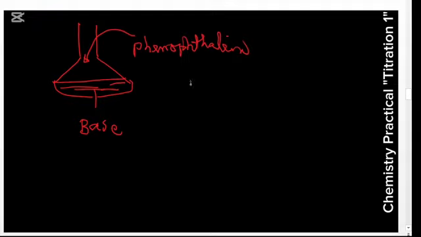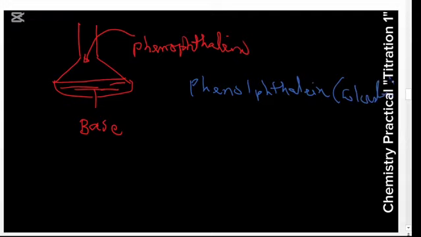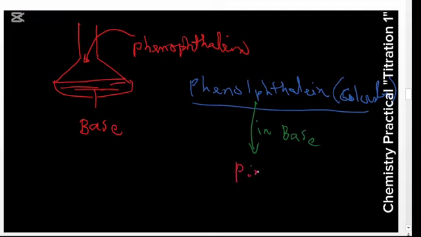Normally phenolphthalein itself is colorless, so it doesn't have any color. So what is going to be the color of phenolphthalein when it is added in a base? Okay, so phenolphthalein is going to be pink. So that's the color of phenolphthalein in the base.